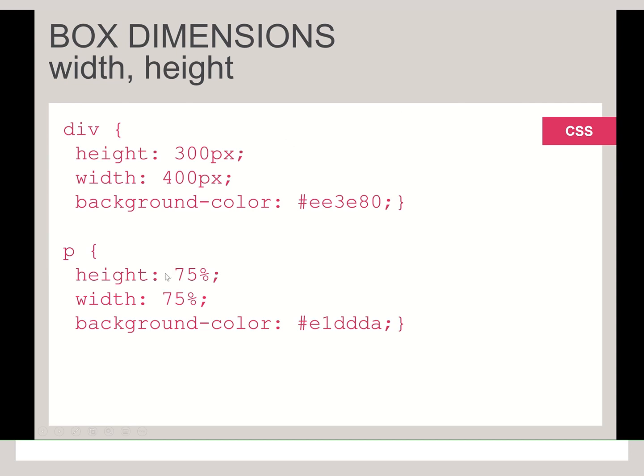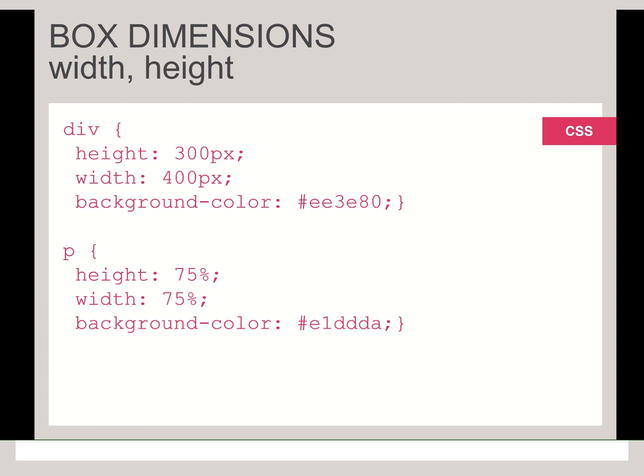And then the second one is using percentage. The percentage unit depends on the containing box. For example, this paragraph is contained in the division element. So we use the division as the base, and then 75% of the base will be used for height, 75% of the base will be used for the width.